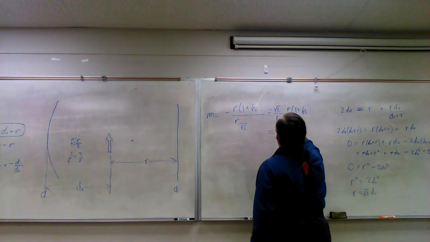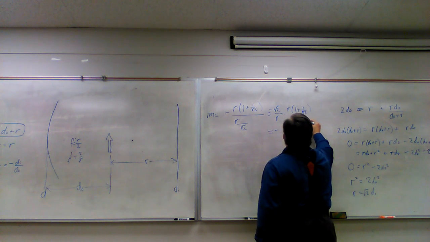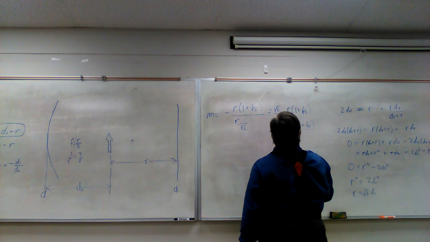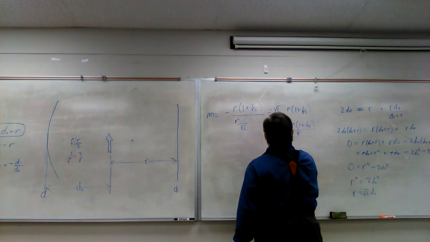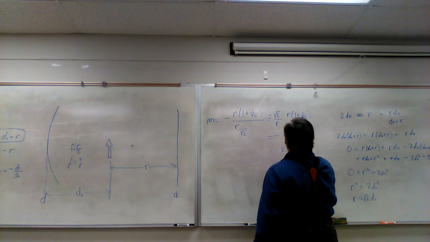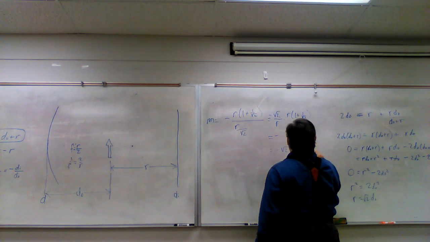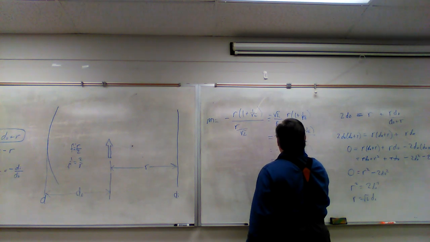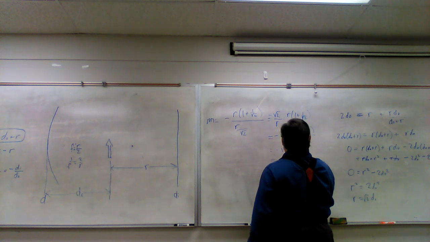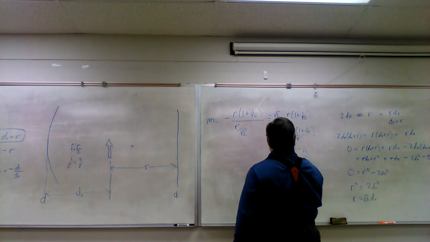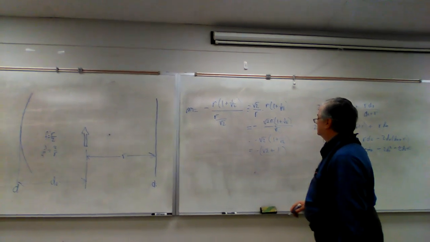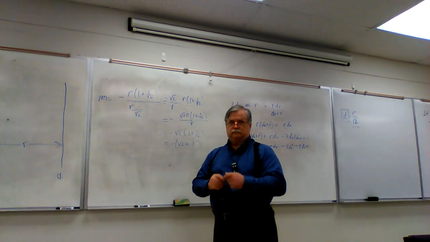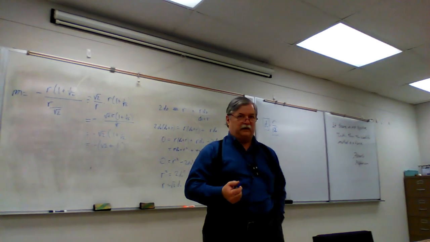Negative square root of 2r times 1 plus 1 over the square root of 2, all divided by r. These cancel, so we've got negative square root of 2 times 1 plus 1 over the square root of 2 equals negative square root of 2 plus 1. And there's your magnification.